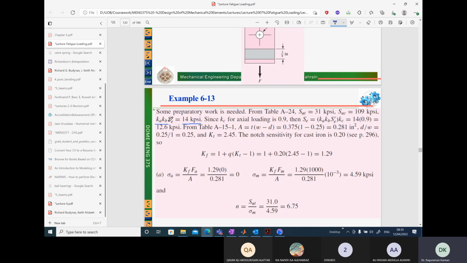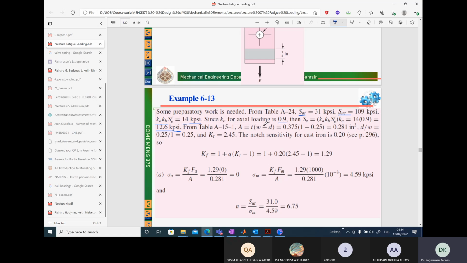We have to assume these are included here, and Kb, the size modification factor, is also included. The Marin factor Kc for axial loading is taken to be 0.9, and then they evaluate the Se value, and the final Se value they use is this. So all these material properties, Sut, Suc, and Se, are required.